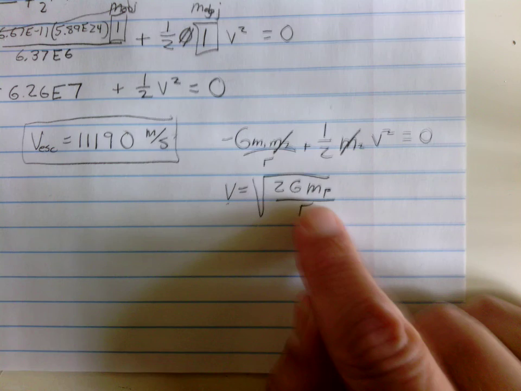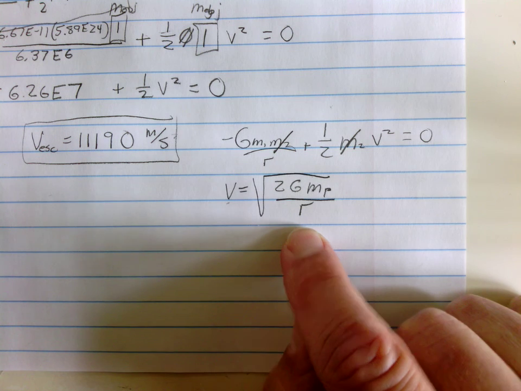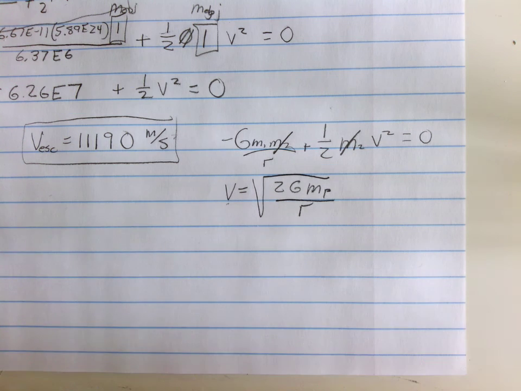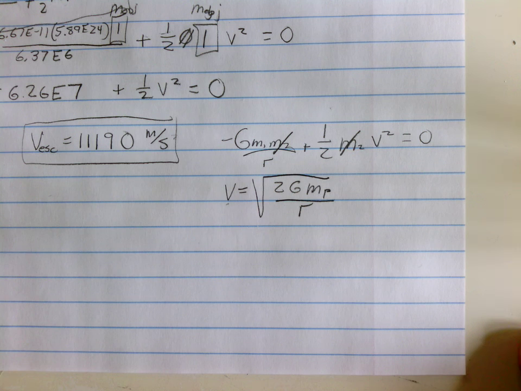There needs to be a very big mass in relation to the radius for planets to have a decent atmosphere. Jupiter and Saturn are so massive that they're almost all atmosphere. They're gas planets. So at any rate, that's the escape velocity. That's how we use conservation of energy to figure out the escape velocity for planets.